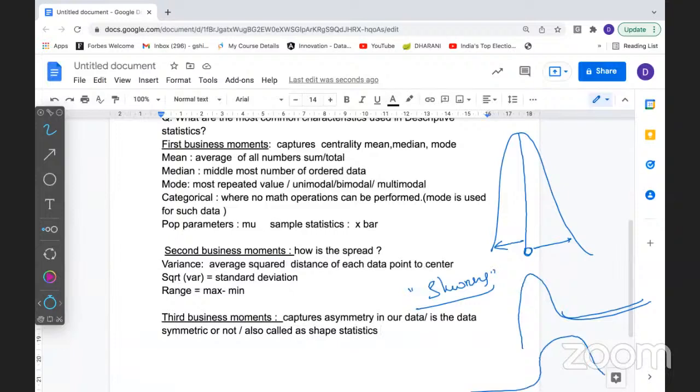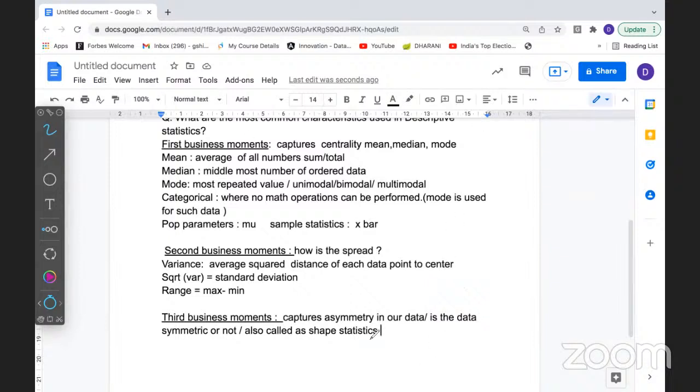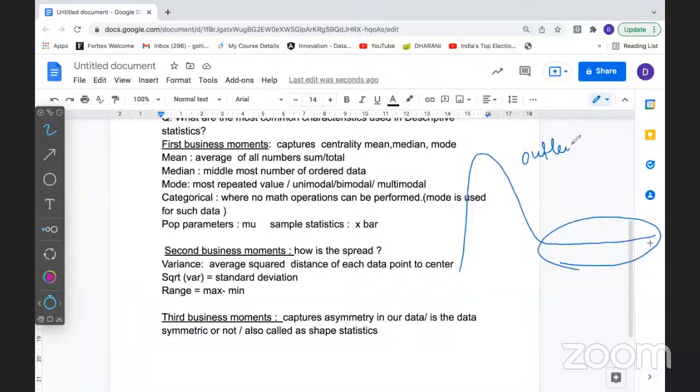Right skewed: the right tail is longer than the left side. It gives you an idea of whether there are any extreme values, and how abnormal your data is. Because of the abnormality, this indicates a clear picture of outliers. There is a chance of outliers in your data.